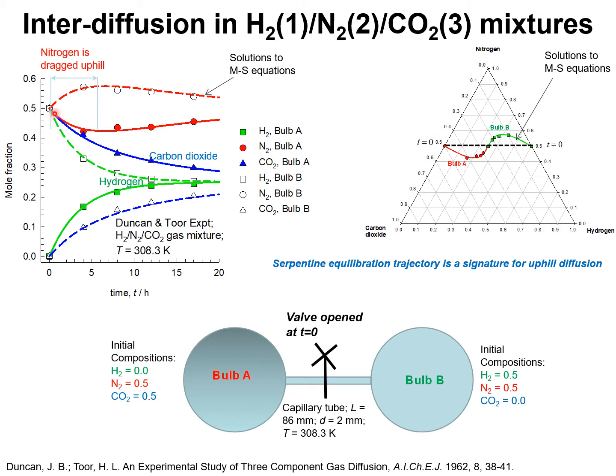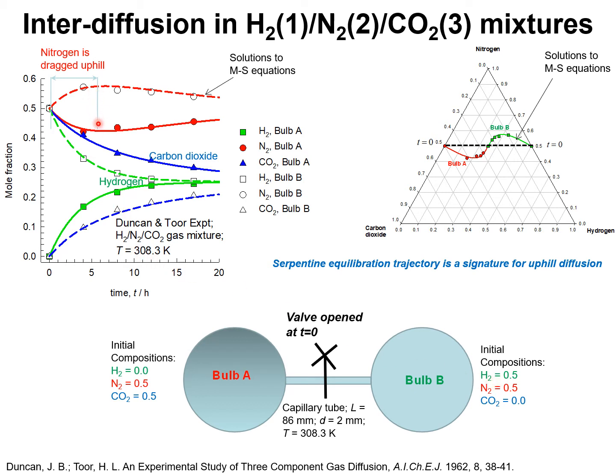increases from 0.5, reaches a maximum, and then decreases, eventually equilibrating at very long times. During the interval 0 to 6 hours, nitrogen experiences uphill diffusion. This was expected on the basis of the calculations we presented in the foregoing slide for the Fick diffusivity matrix that was evaluated at the average between this composition and this composition.